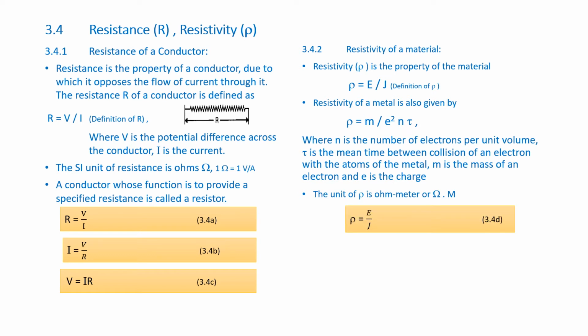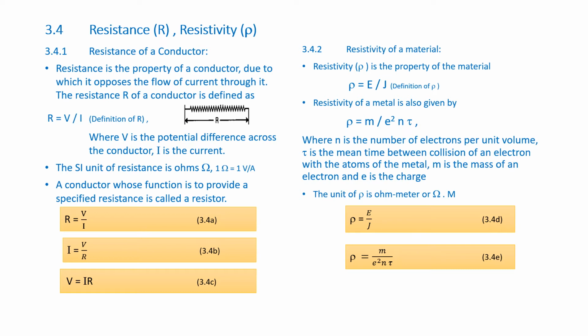So the relationships are, for the case of resistivity rho, rho is equal to E by J. This is equation 3.4d. This is also written in terms of charge, number of electrons, mean time of collision and mass as rho is equal to m divided by e square n tau. This is equation 3.4e.